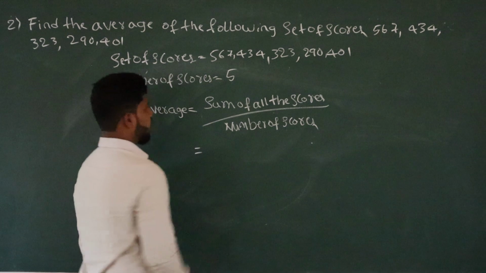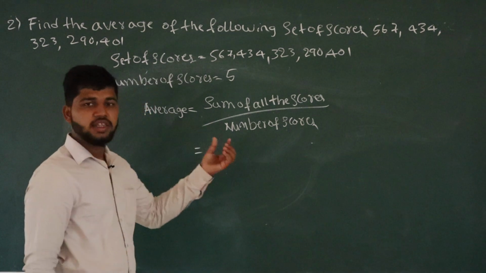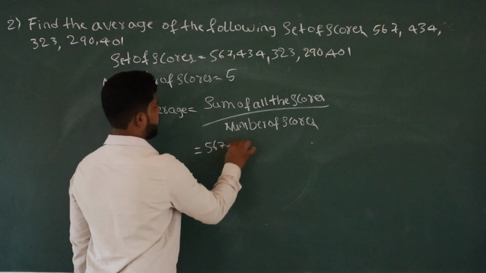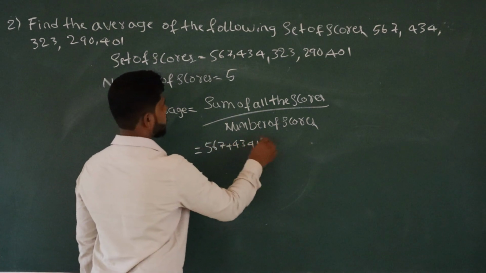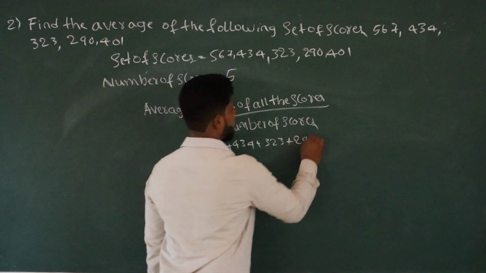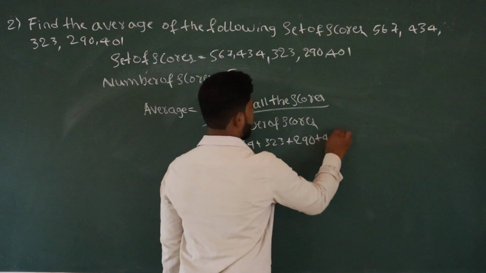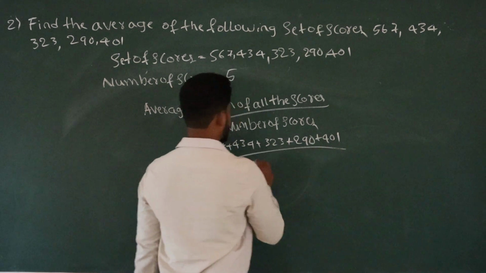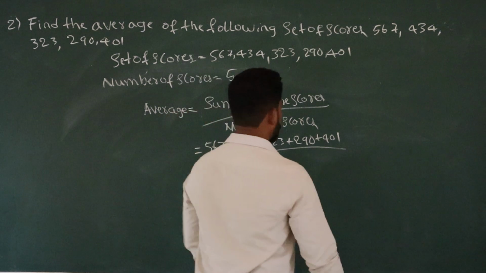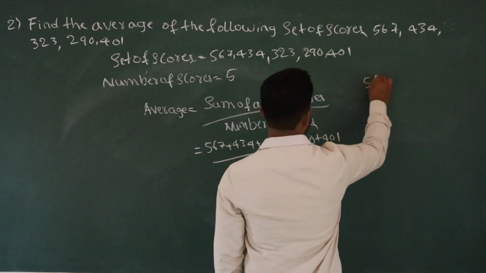Now what does the sum mean? You must add the given numbers. Now 567 plus 434 plus 323 plus 290 plus 401, divided by 5.